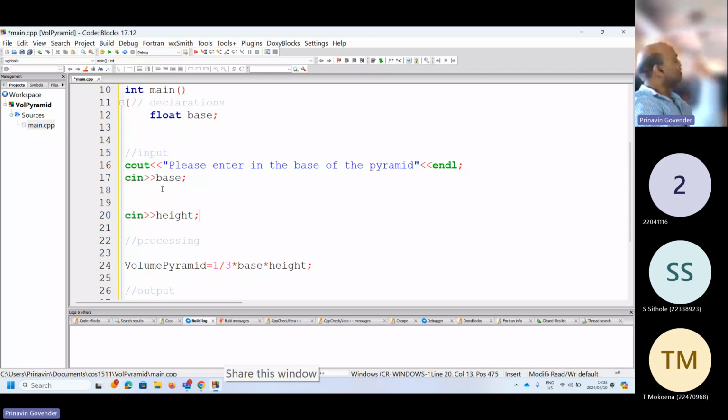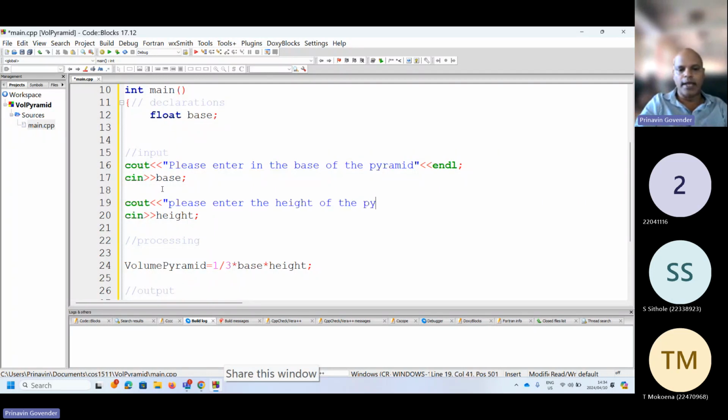But what I told you, before a cin, we got to tell the user what to enter in. So we got to say cout, please enter the height of the pyramid.